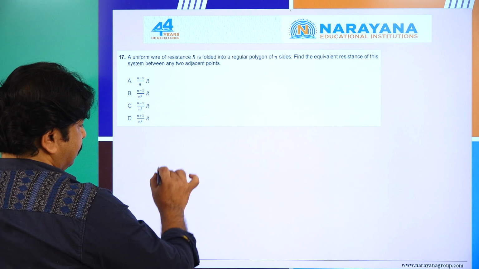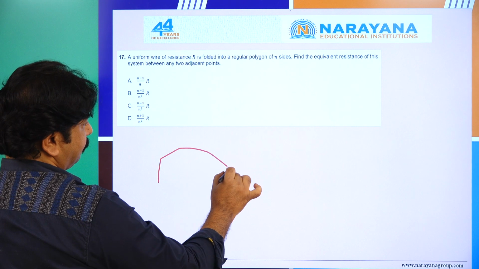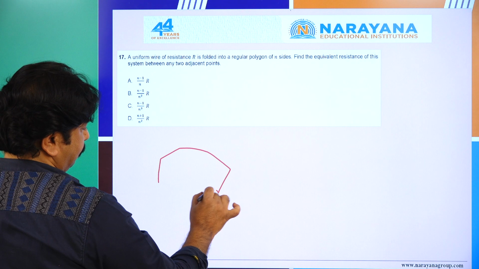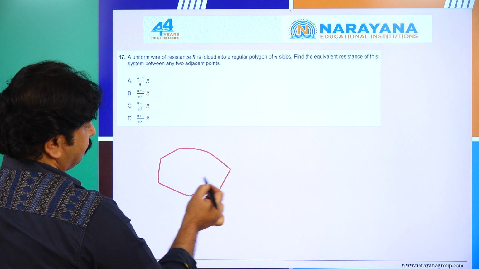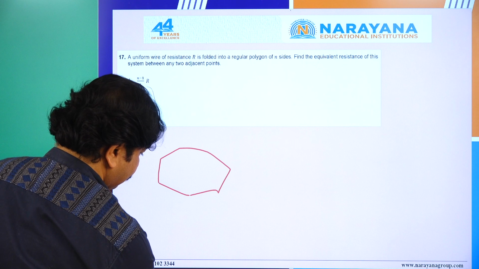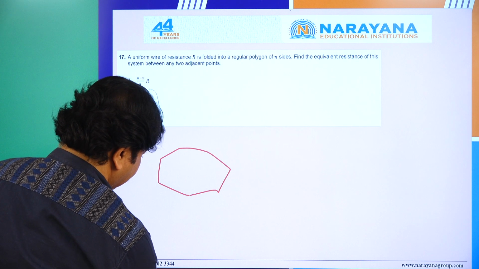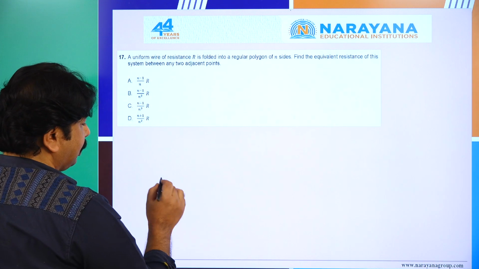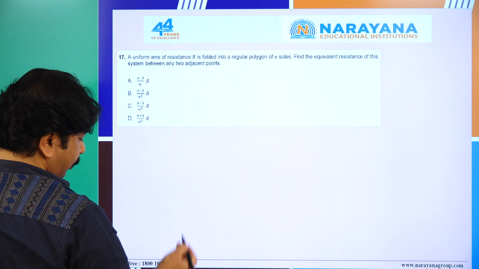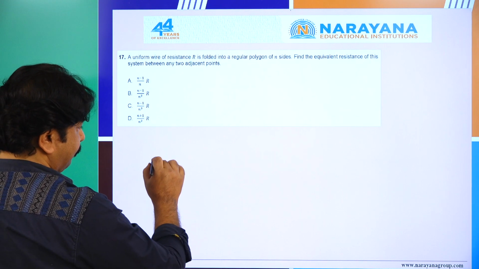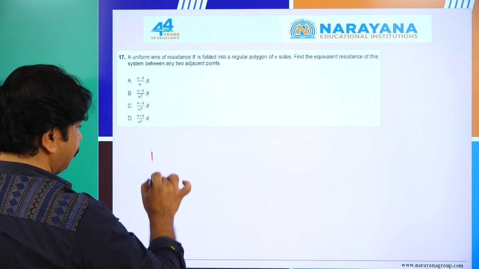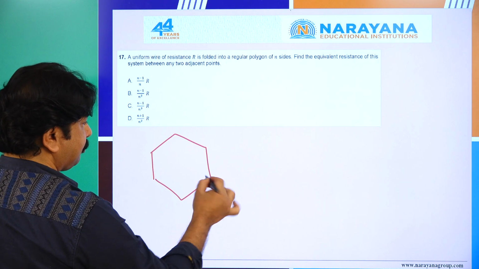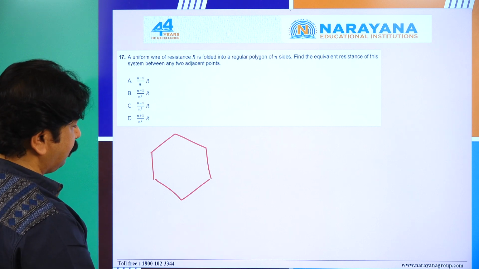For example, this is one of the regular polygons.